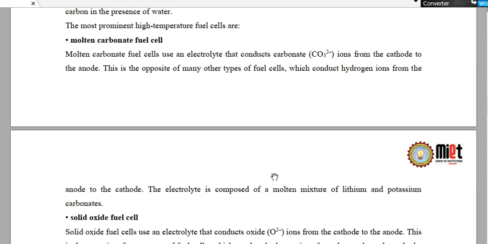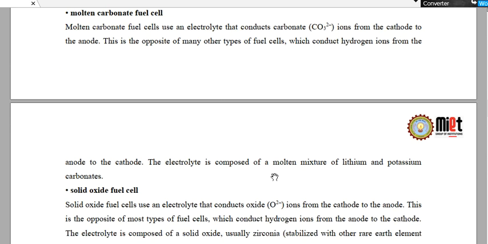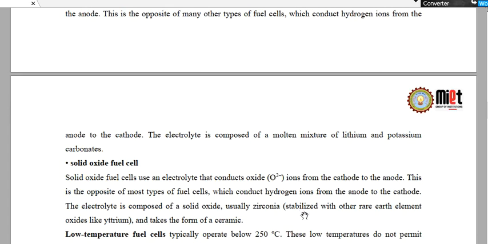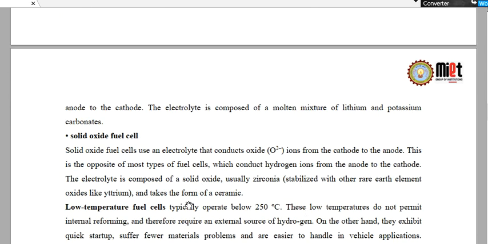The next type of high temperature fuel cell is the solid oxide fuel cell. Again, in this cell, an electrolyte is used which conducts oxide ions from cathode to the anode. This is again opposite to the common types of fuel cells which conduct hydrogen ions from anode to cathode.